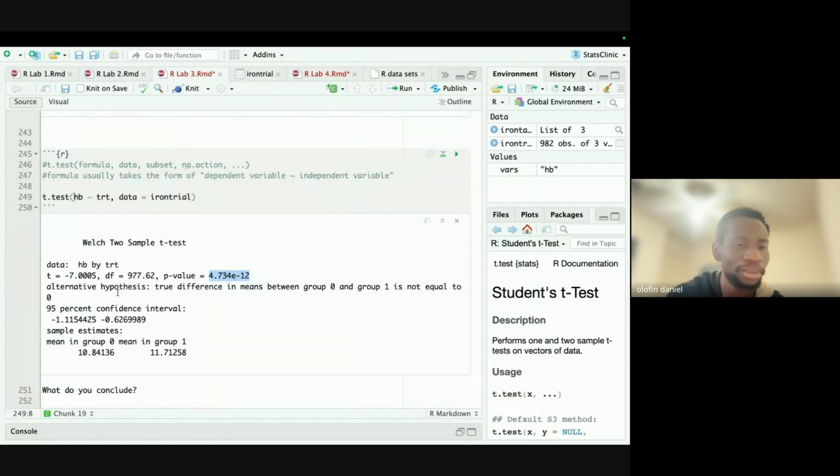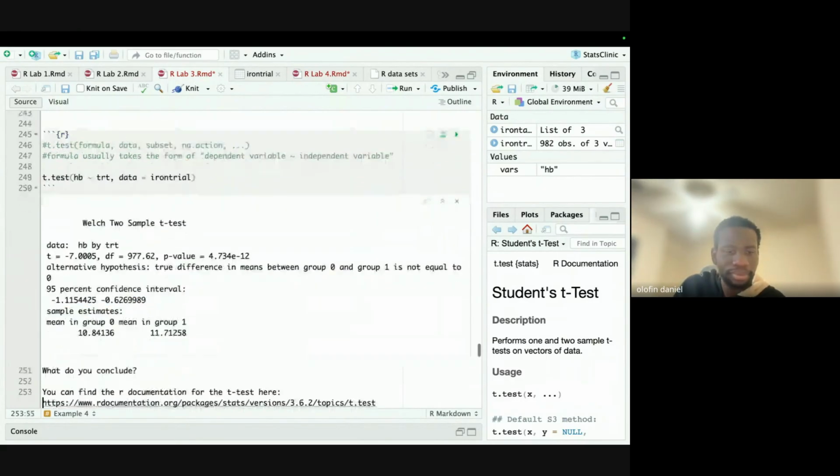Now we have the 95% confidence interval that shows us the range within which the actual difference between the means falls: the difference between the mean of the group on placebo and the mean of the group on iron supplement. It will also give you the sample estimates of the mean of people on placebo and of people on iron supplement.